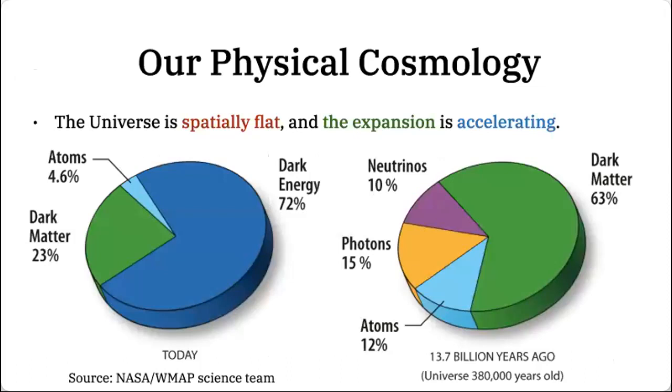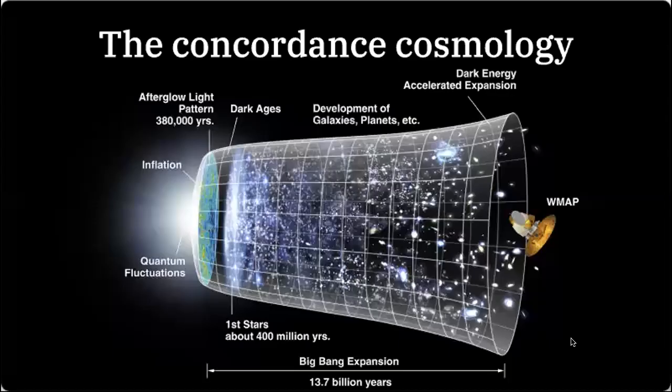Let me start from this pie chart, just to remind you that 95% of our universe is unknown. That's why we are all here, to study and wonder about the properties of dark matter and dark energy. Using these constituents of the universe, we can reconstruct the expansion history from very early on, from the Big Bang or inflation, to right now.